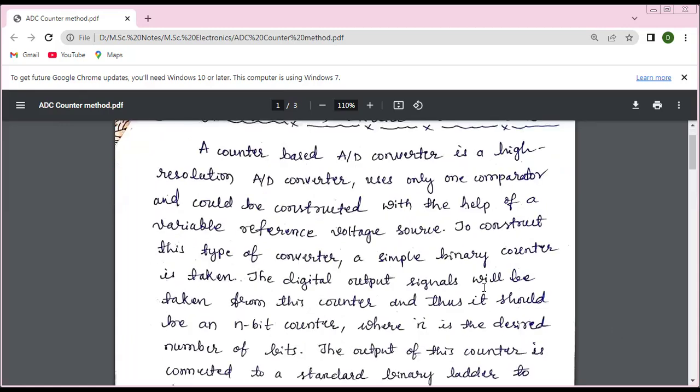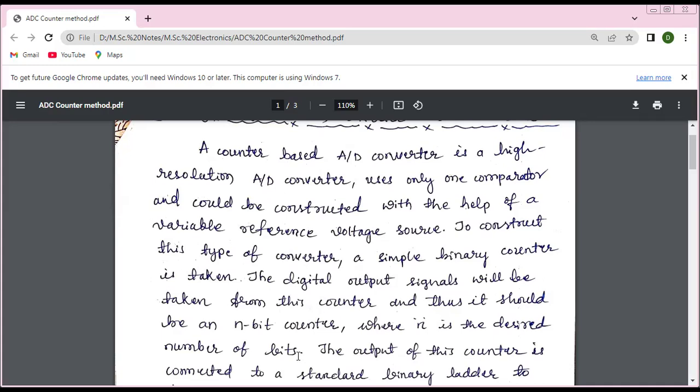So to construct this type of converter, a simple binary counter is taken. One binary counter is needed here to count the incoming pulses, and the digital output signals will be taken from this counter. And thus, it should be an n-bit counter where n is the desired number of bits.